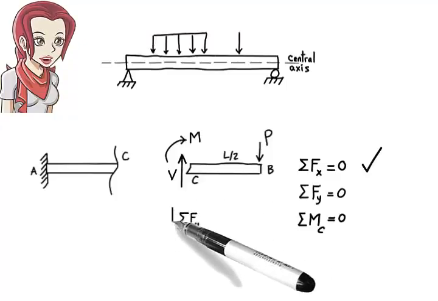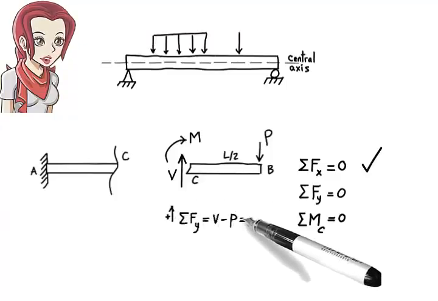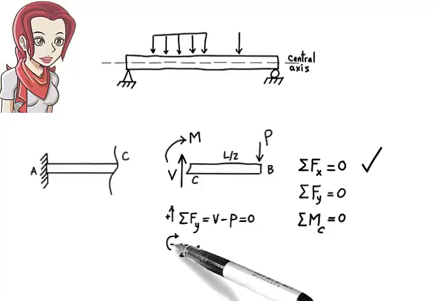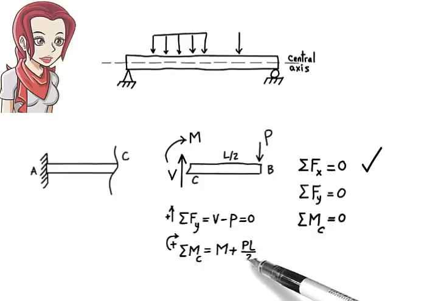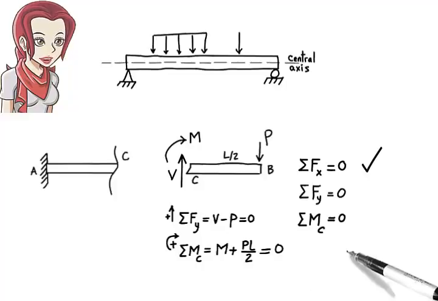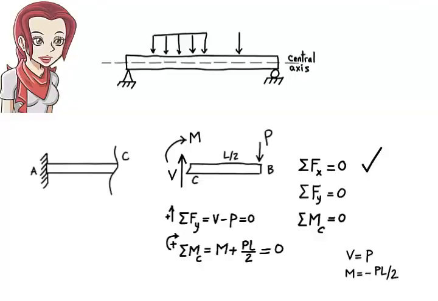Here are the two equilibrium equations in terms of V and M. Solving for the two internal forces, we get V equals P and M equals negative P times L over 2.